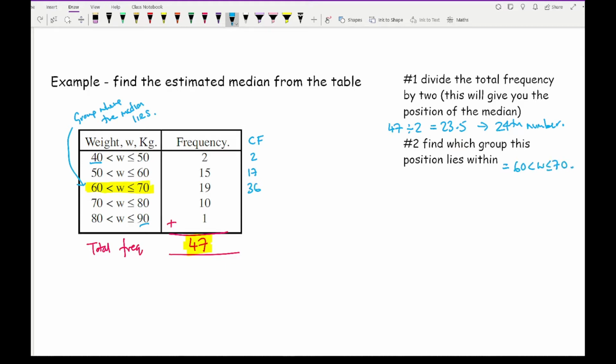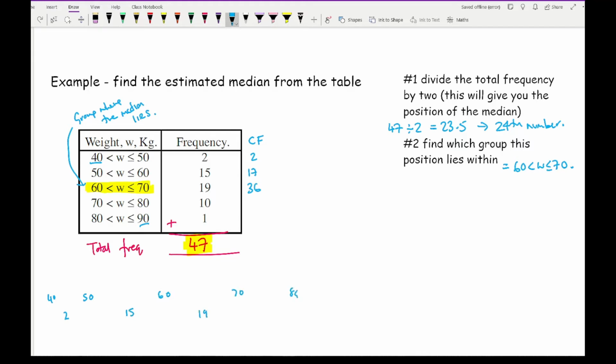Now to find out where it is, imagine that you've got all these 47 people in a line. I've got 2 people that are between 40 and 50. Between 50 and 60, I've got another 15 people. 60 to 70, I've got another 19 people.